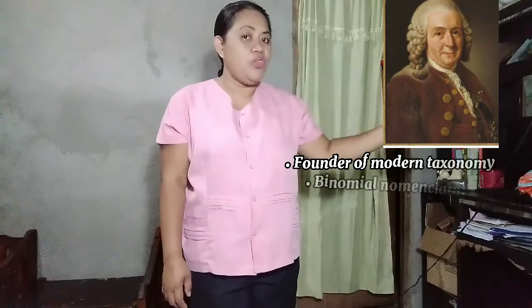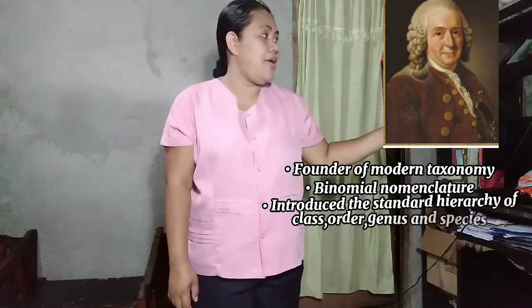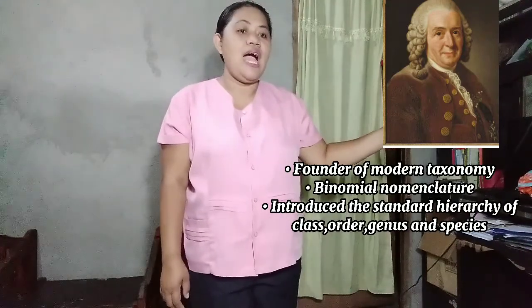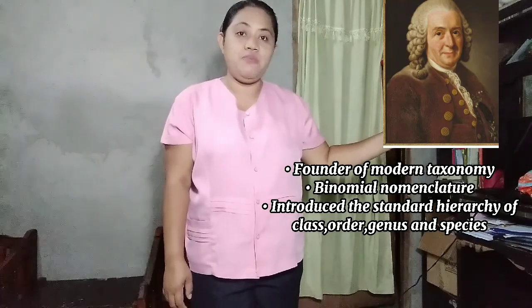Taxonomy is the science of arranging or defining and naming groups of biological organisms on the basis of shared characteristics. Carl Linné is the founder of modern taxonomy. He introduced the binomial nomenclature. He also introduced the standard hierarchy of class, order, genus, and species.